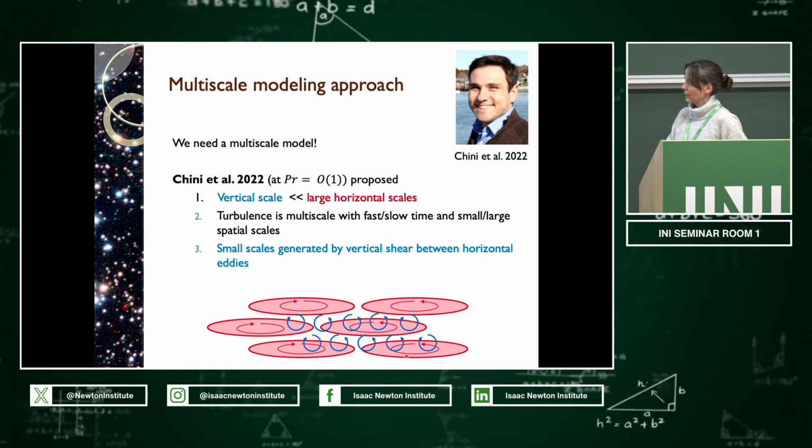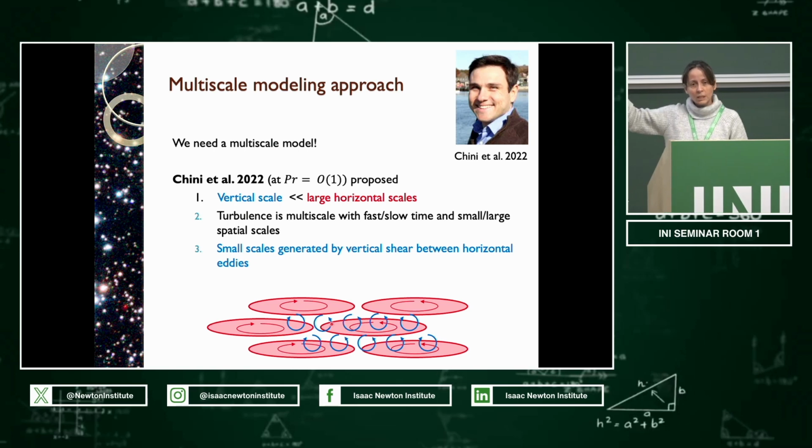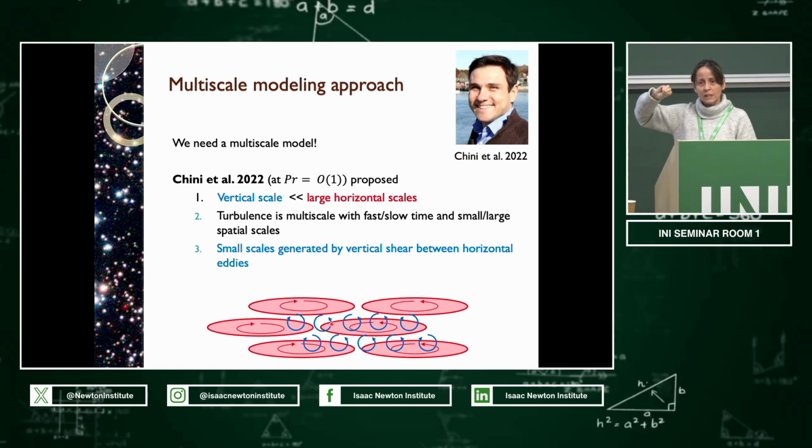And these small horizontal scales are generated by the vertical shear between these large horizontal eddies in the picture that is shown here. So we have these little blue eddies, which are the vertical velocity field. And as you can see in this picture, they're mostly isotropic. So on the small scale, there's isotropy, whereas on the large scale, it's very strongly anisotropic.